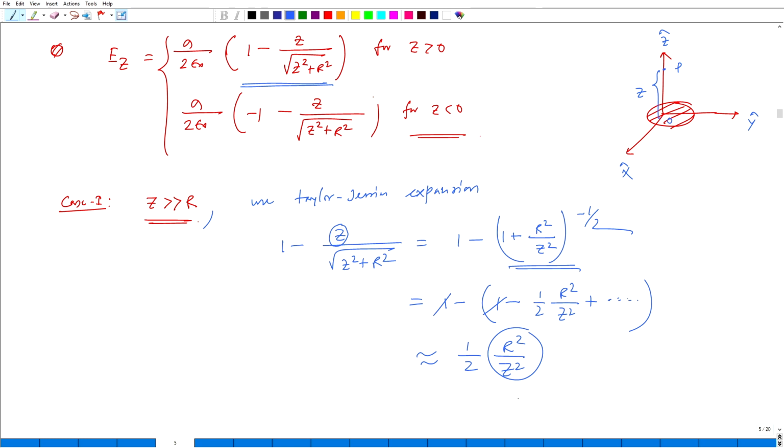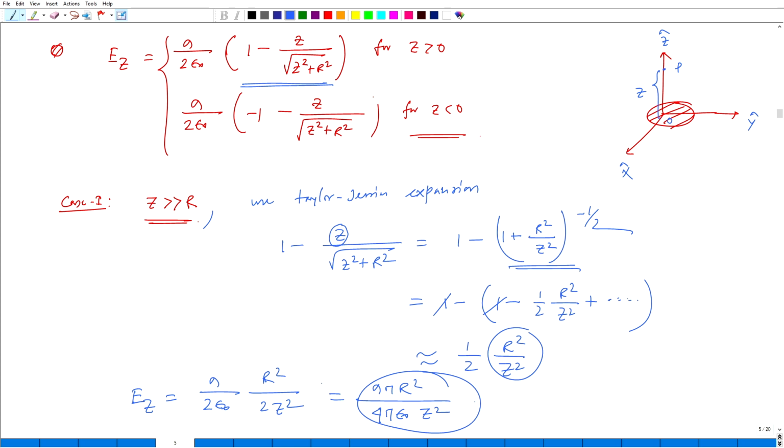So, the electric field Ez becomes sigma over 2 epsilon naught times r square by 2 z square. It can be written as sigma pi r square over 4 pi epsilon naught times z square.